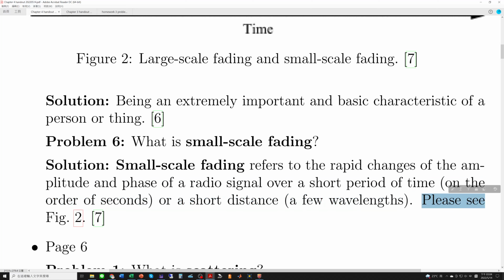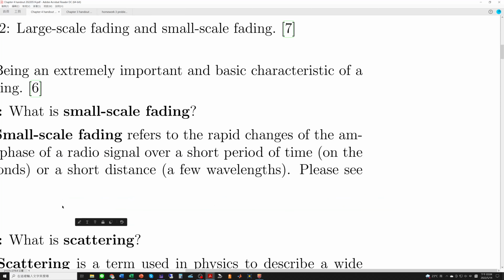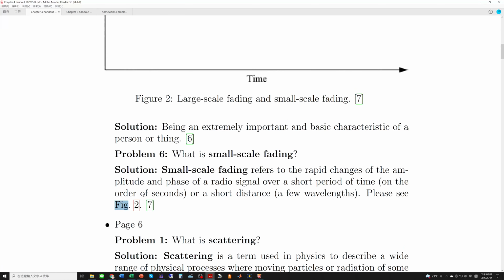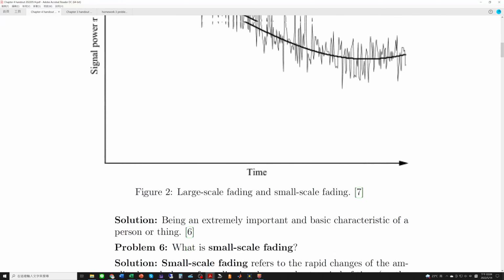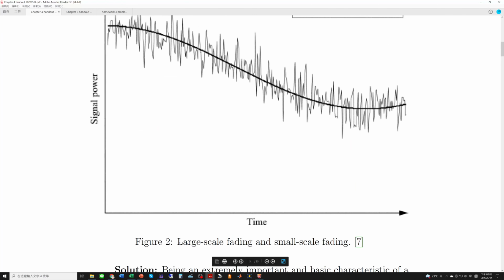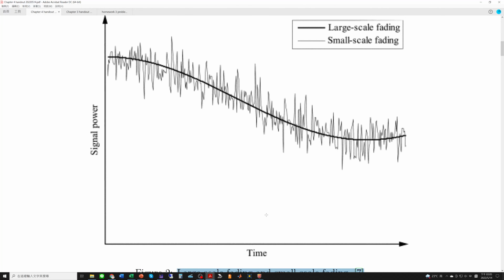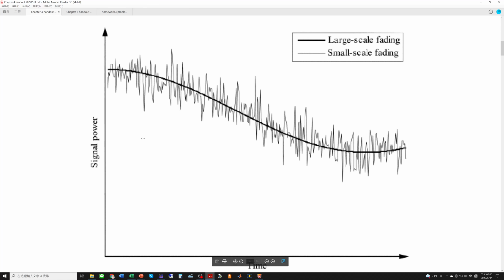Please see figure 2. Figure 2 shows two kinds of fading: large scale fading and small scale fading. We can see that in this figure, the x-axis is time and the y-axis is signal power. There are two curves in this figure. The bold line is for large scale fading.